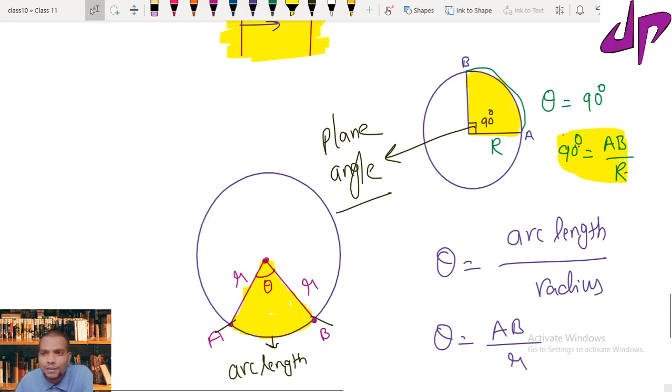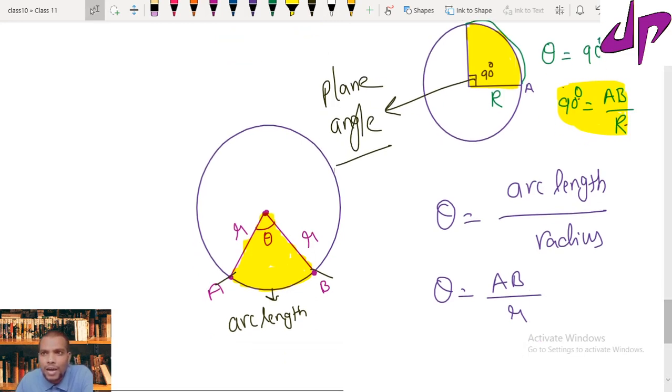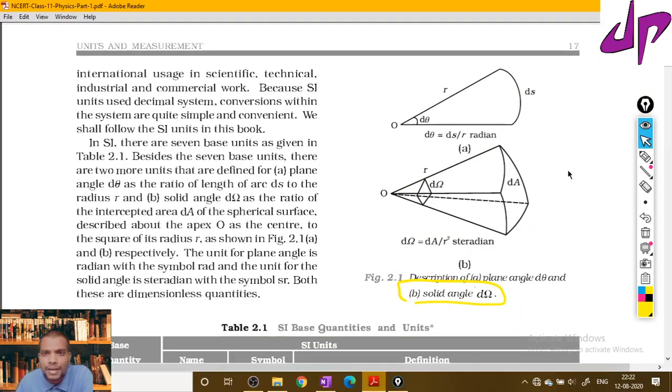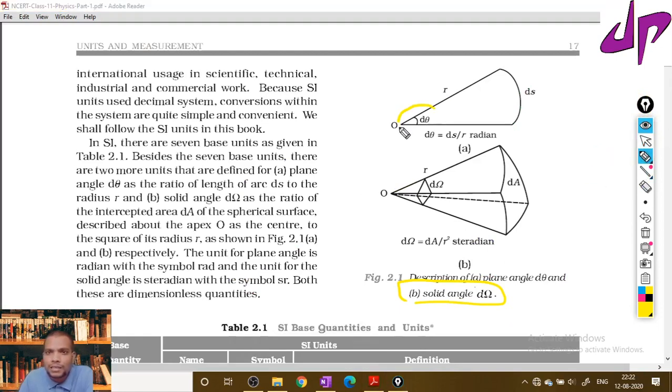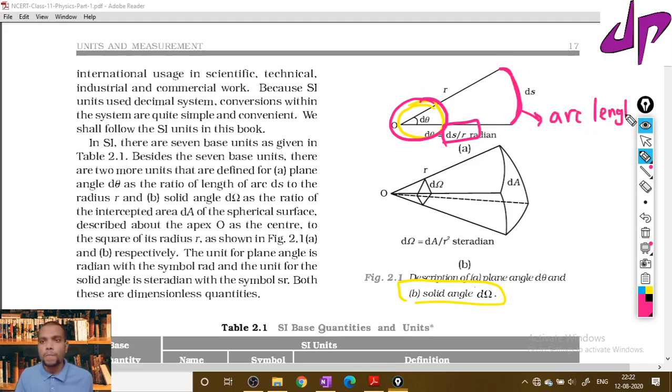So the angle theta also has a definition, and we can get it from here. So small angle d theta equals ds by r. The ds means this part, which we call the arc length, and the r means nothing but the radius.